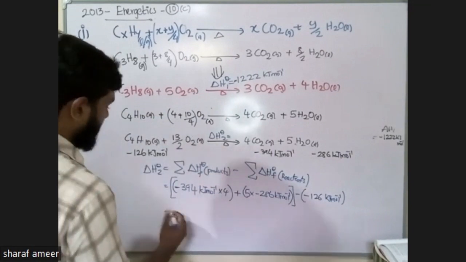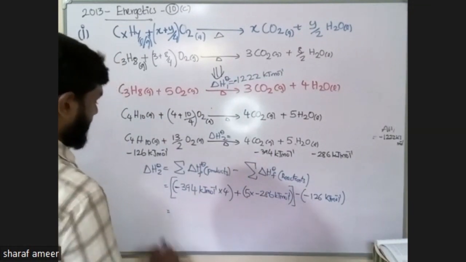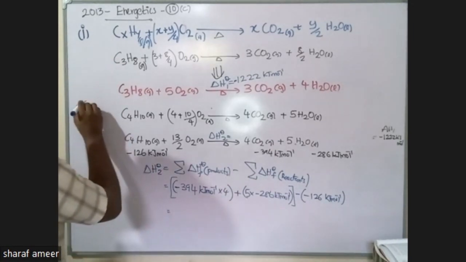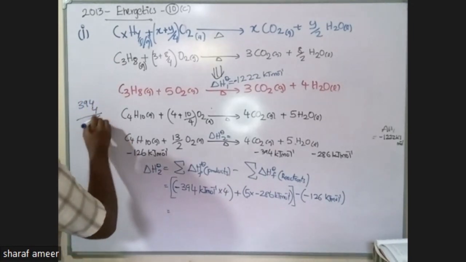Right? So this is equal to 394 into 4, 1576.